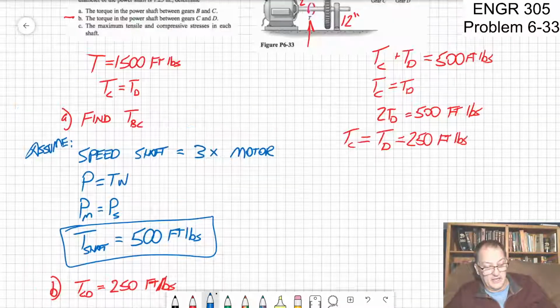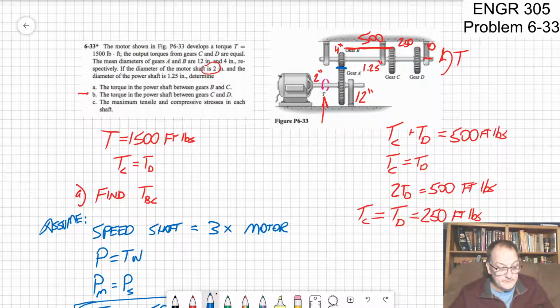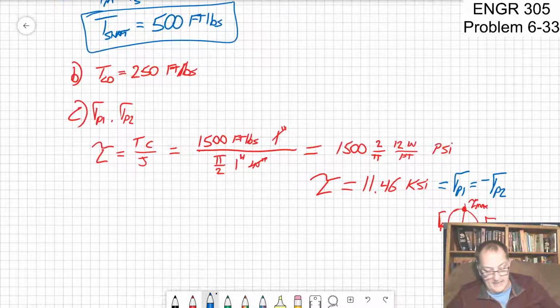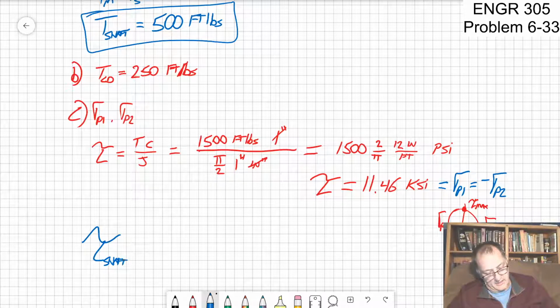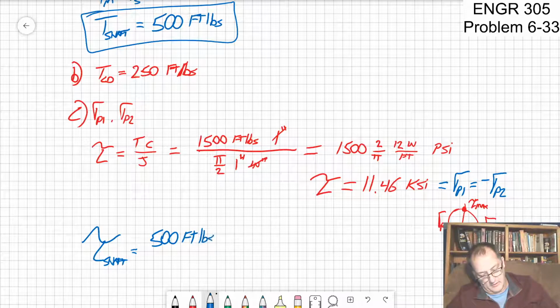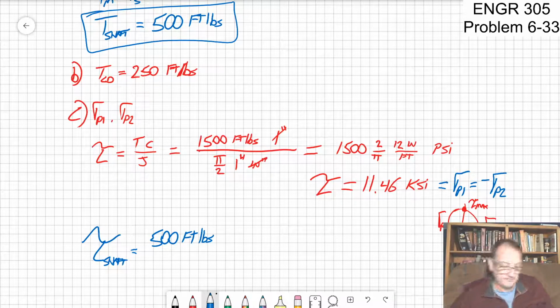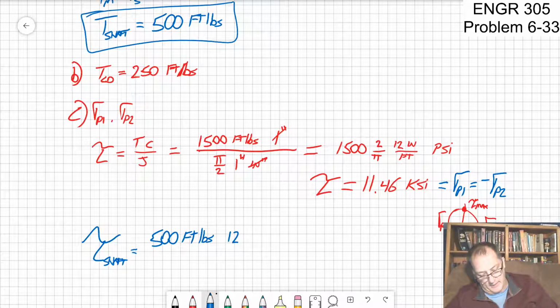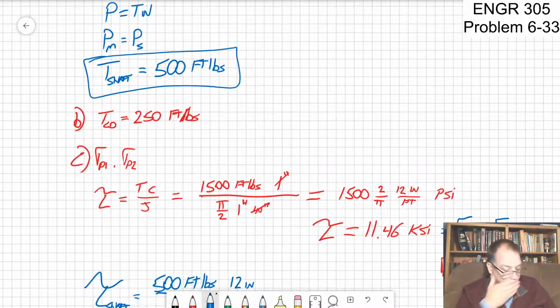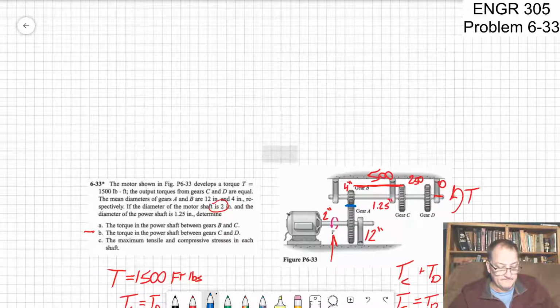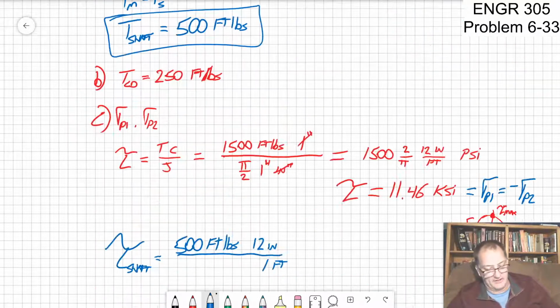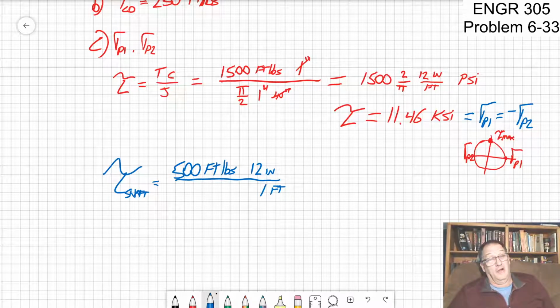The other thing they're going to ask me is about each shaft. The maximum shear in the second shaft is going to be at the beginning, when the torque is equal to 500 foot-pounds. But now my shaft has a different diameter. I'm going to multiply right away by 12 inches per foot, and the shaft is 1.25 inches in diameter, so the radius is 5/8.